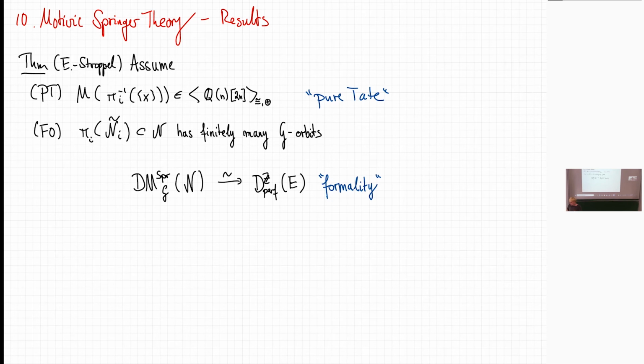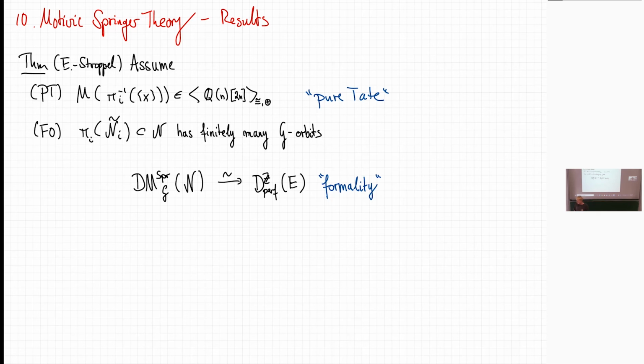And then you can prove the following formality result. Namely, those Springer motifs, which is an a priori maybe complicated triangulated category of motifs, has a representation theoretic interpretation. Namely, it is just the perfect derived category of graded E-modules over this motivic extension algebra. So on the left-hand side you have motifs, on the right-hand side representation theory, if you understand this algebra E. A statement like this is called a formality statement, and there are lots of formality statements in geometric representation theory.